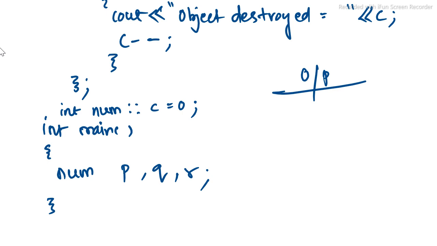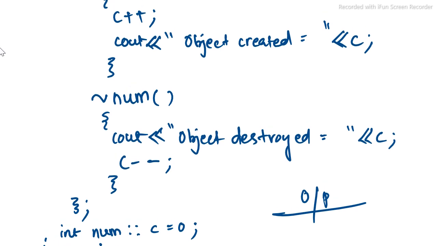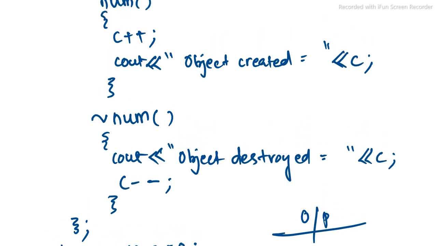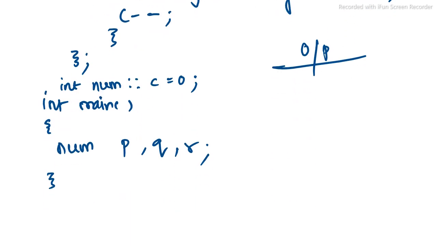When we declare object P, the first time it calls the num constructor: the static variable is initialized to 0 and incremented to 1, so it displays object created equal to 1.